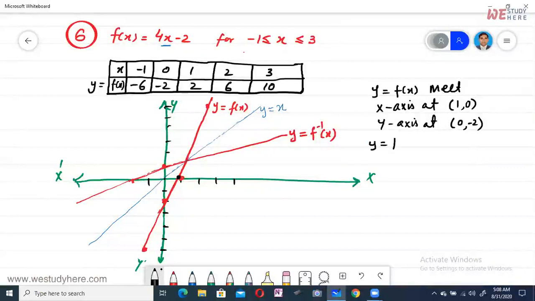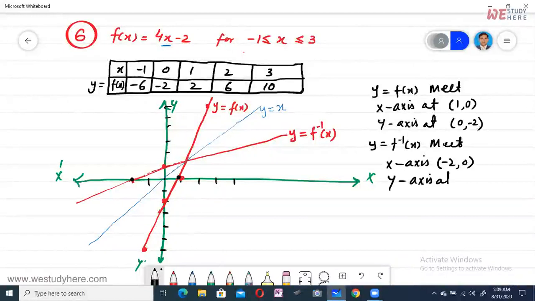And y equal to f inverse of x meets the x-axis at this point, x is -2, y is 0, that is -2, 0, and the y-axis at this point, x is 0 and y is 1. This is the complete solution of question number 6.